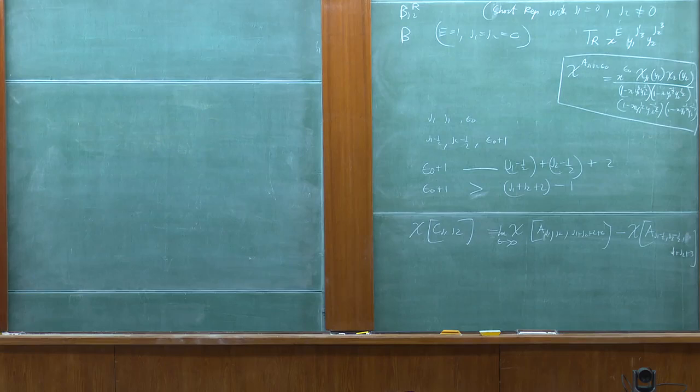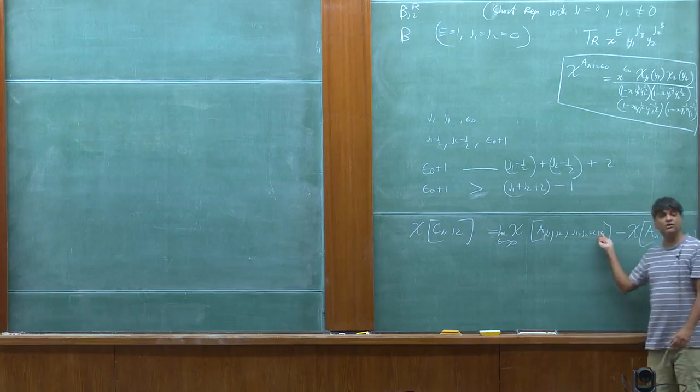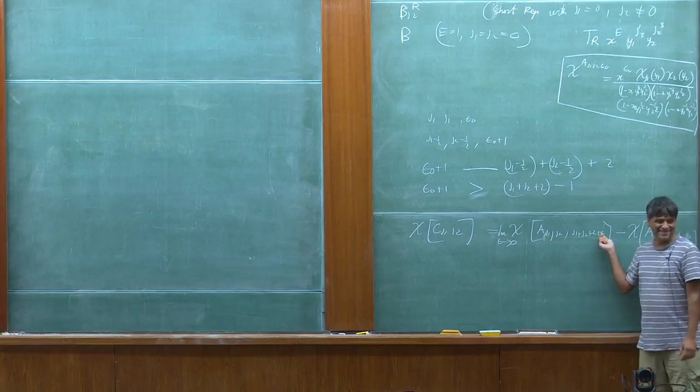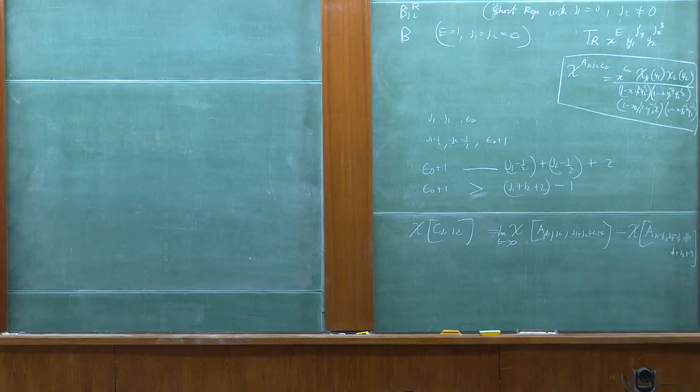It's because there is no long representation at epsilon naught equals 0. Long representations only exist for E greater than J1 plus J2 plus 2. So to write A at that point is a meaningless thing. But the limit is meaningful. And the character has a limit.